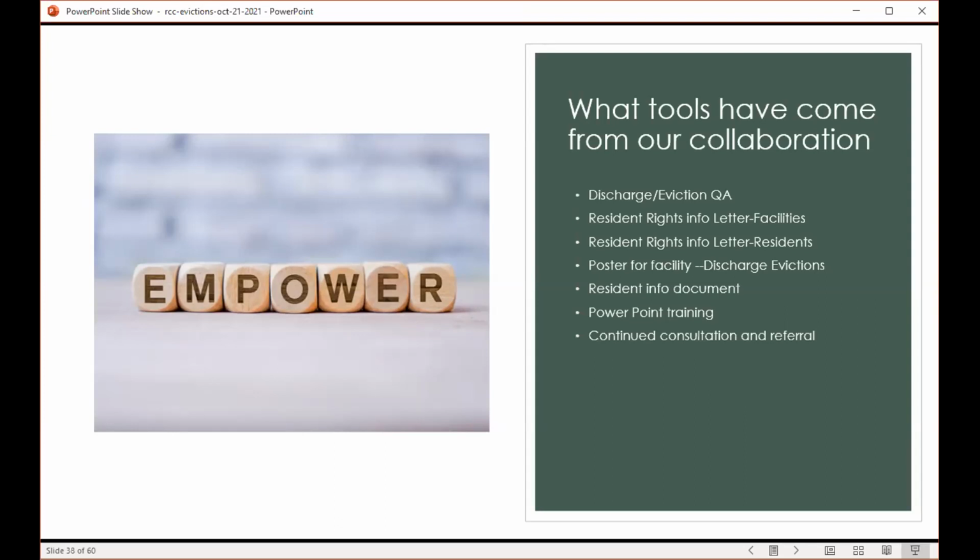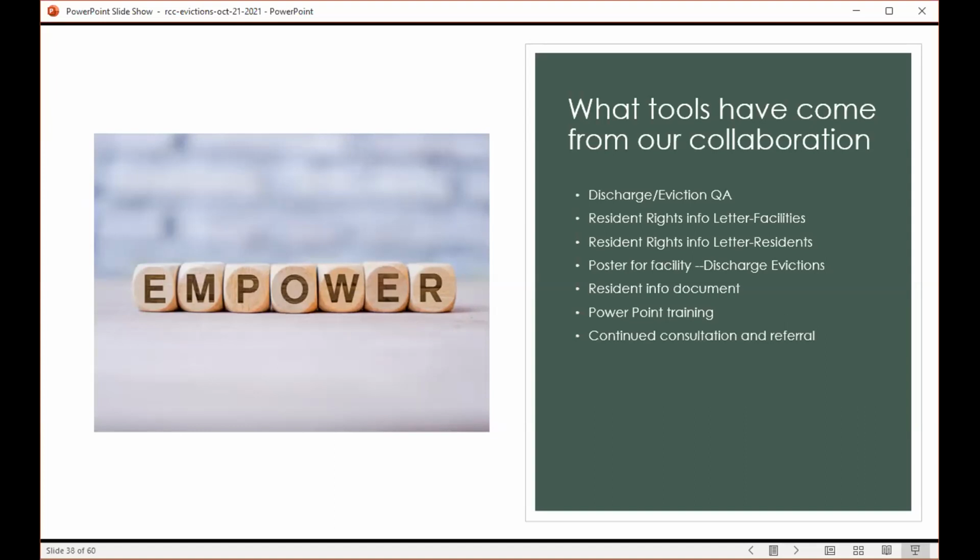It was on residents' rights with a focus on evictions and discharges. We discussed our understanding of the regulations, and it became really evident that each one of our agencies came from a totally different perspective of the regulations and law. And I learned so much from these ladies.